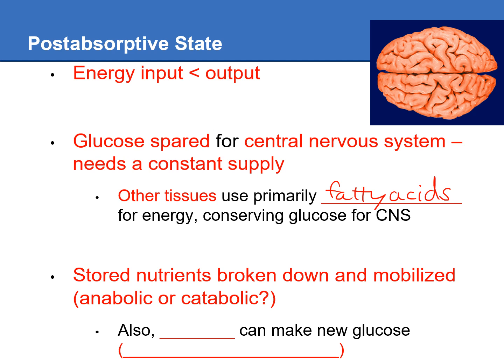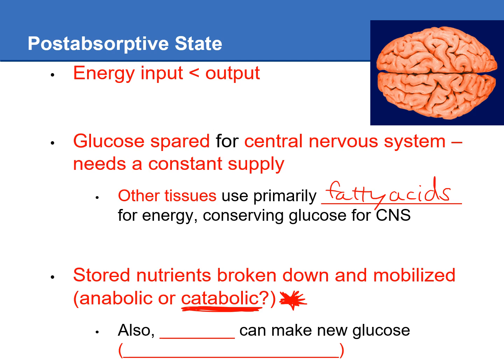And also during the post-absorptive state, because the nutrient levels are low in the blood, we're just going to start breaking down and mobilizing our energy stores. And so the post-absorptive state is going to be primarily a catabolic state. So we're going to be breaking our energy storage molecules down and releasing those into the bloodstream.